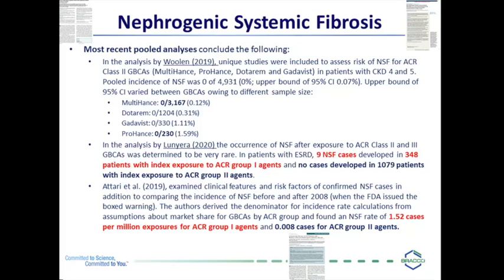Finally, Attari and colleagues examined clinical features and risk factors of confirmed NSF cases in their paper published in Radiology in August 2019. The authors found an NSF rate of 1.52 cases per million exposures for ACR group 1 agents and 0.008 cases per million for ACR group 2 agents.